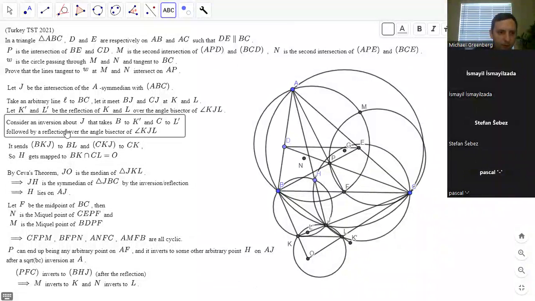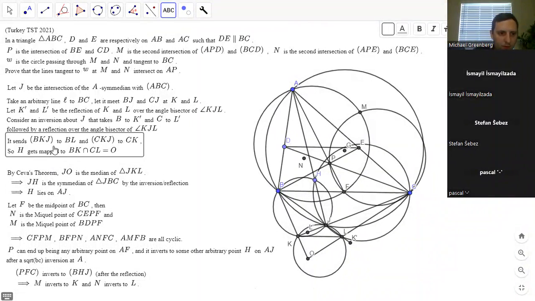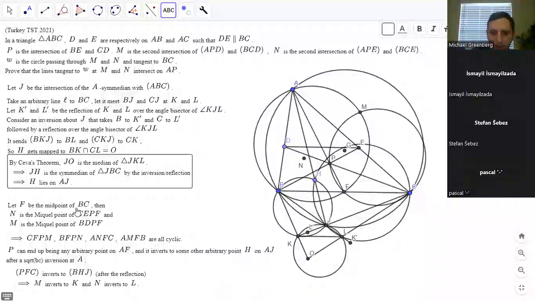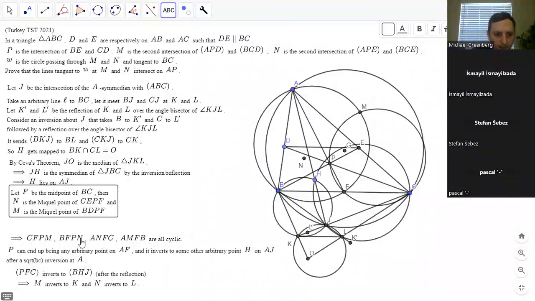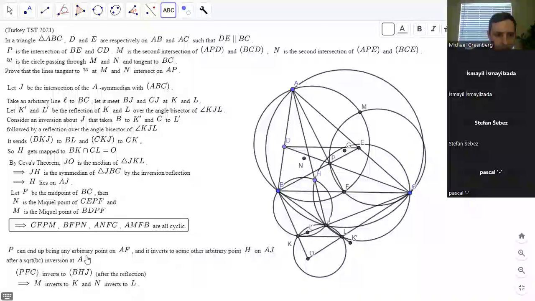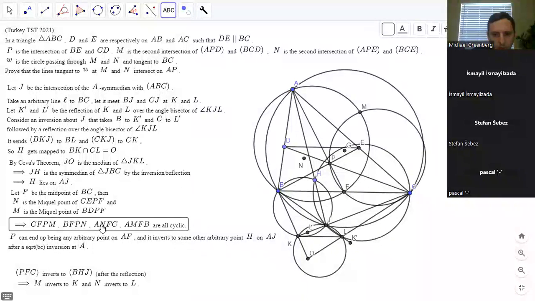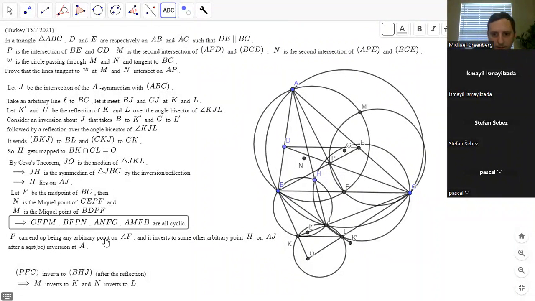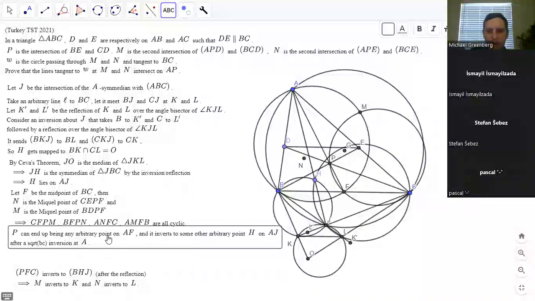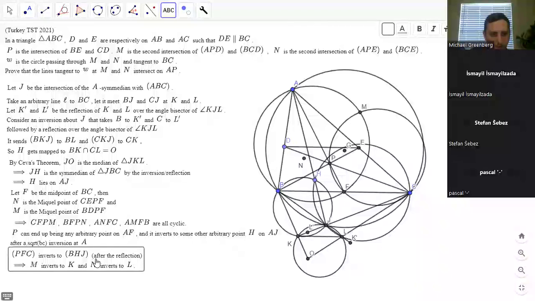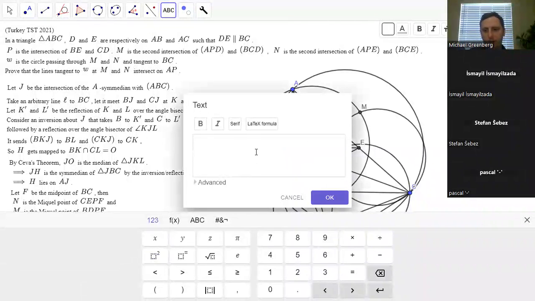So MNF is tangent to BC is equivalent to saying KJL is tangent to ABC. So by homothety, KJL is tangent to the circle ABC. Okay, so let's just finish this right now.